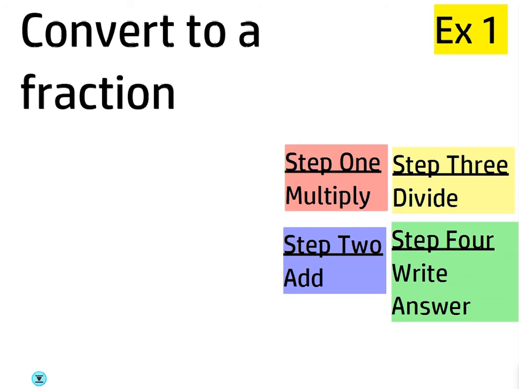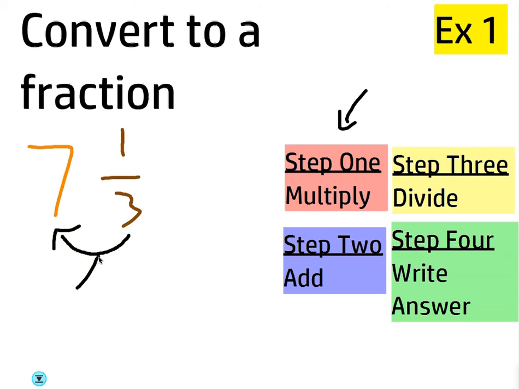Okay, let's try 7 1/3. Step 1 is to multiply. We're going to do the same thing here. Step 2 is to add. So once we do 3 times 7, we're going to add 1. Then step 3 is to divide by the original number.